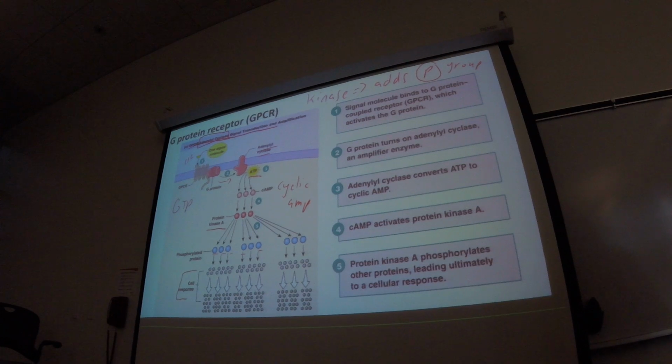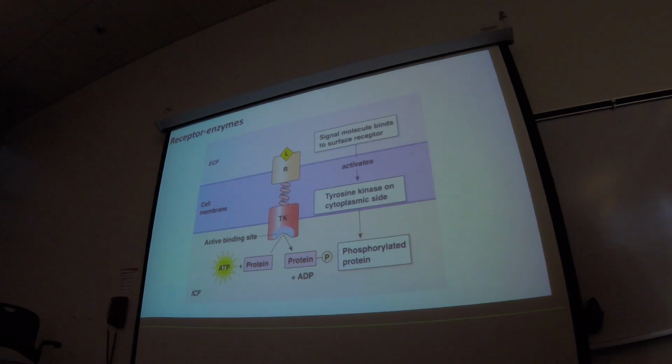All right. So receptor enzymes, like I said, pretty straightforward. The first messenger binds onto the receptor. This receptor then activates, sometimes inhibits, an enzyme. In this case, it's this enzyme called tyrosine kinase. It's called tyrosine kinase because it's built up of the amino acid tyrosine, and it's a kinase, so it's adding a phosphate group.